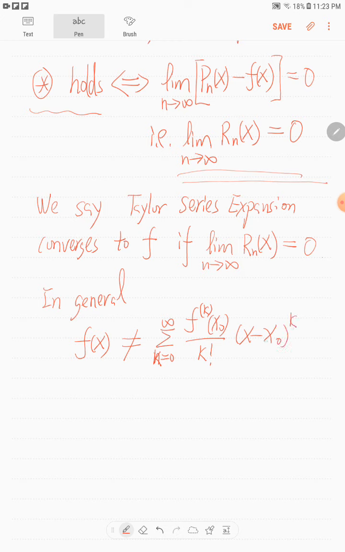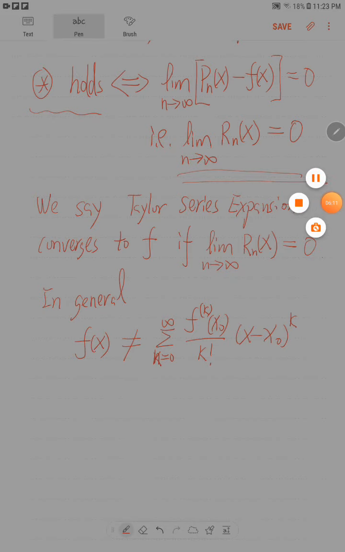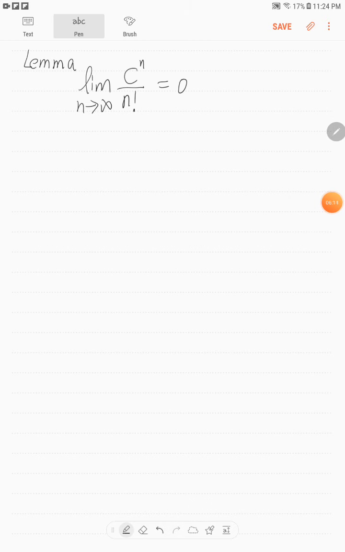This may not be true, right? So we must have some criterion to identify if this function can be written as the Taylor series expansion. So we will use the Lagrange remainder theorem to prove that criterion. Before that, we need to look at one result. So now let's look at this lemma.